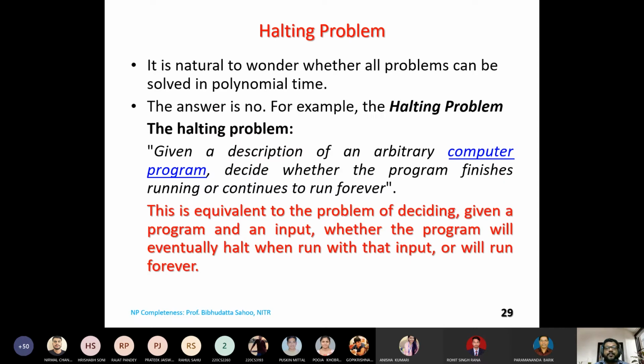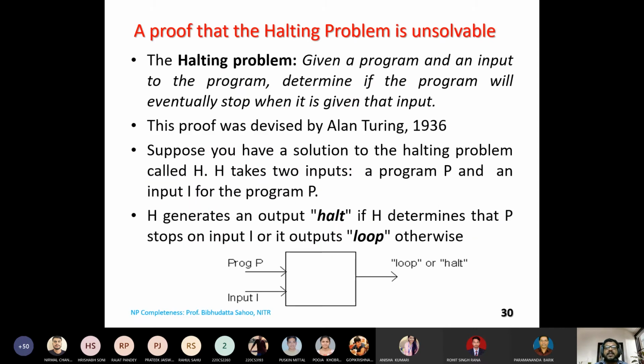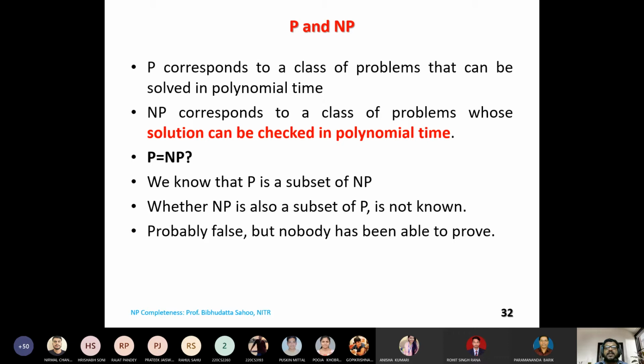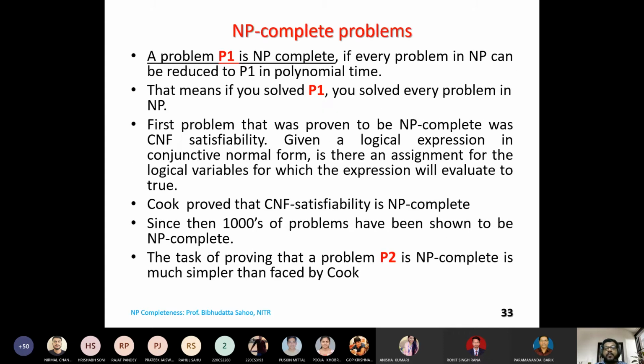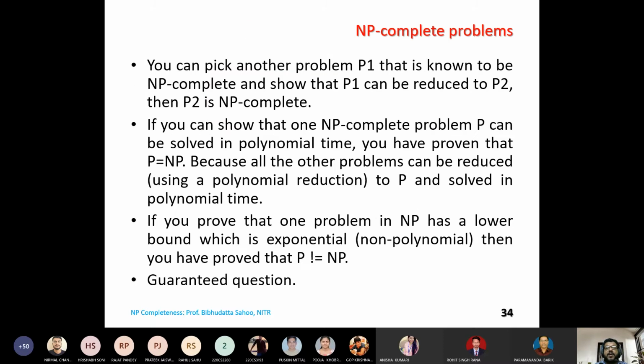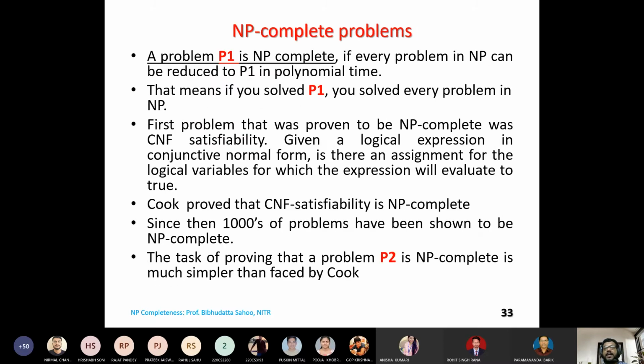Okay, so we have discussed this thing, the halting problem and others. Now, this is the open problem where we try to prove P equal to NP. Now, I'll be explaining from this point because I had already explained once. The problem P1, any problem P1 proved to be NP complete. Every problem in NP can be reduced to P1 in polynomial time.